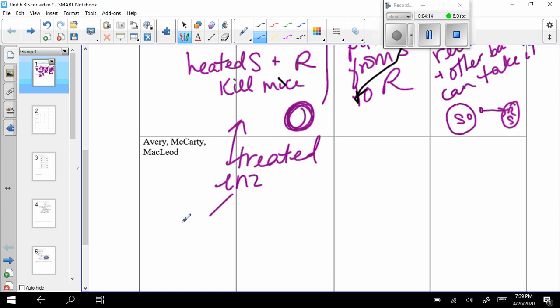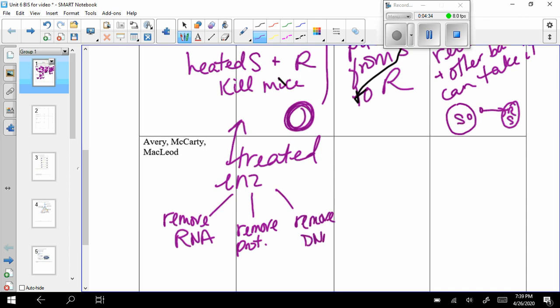Basically, I want to treat it with an enzyme that is going to remove all the RNA, another enzyme that is going to remove all the proteins, another that is going to remove all the sugars, one that is going to remove all the lipids, and one that is going to remove all the DNA. So I can just put here another one, remove carbs, remove lipids. Run as many of these experiments as you can and see what happens.